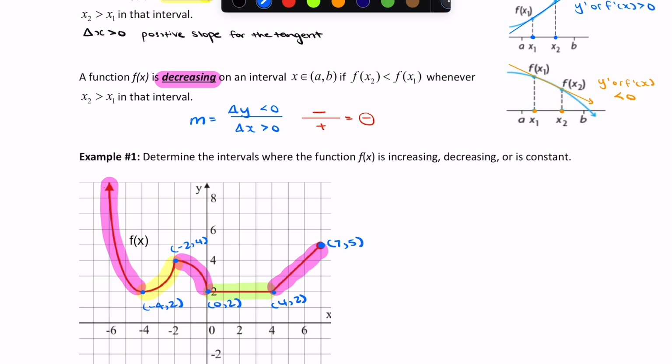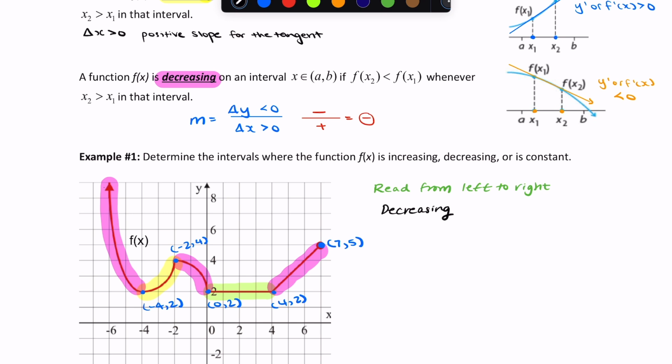So if we read it again from left to right, it is decreasing when the slope is less than 0.